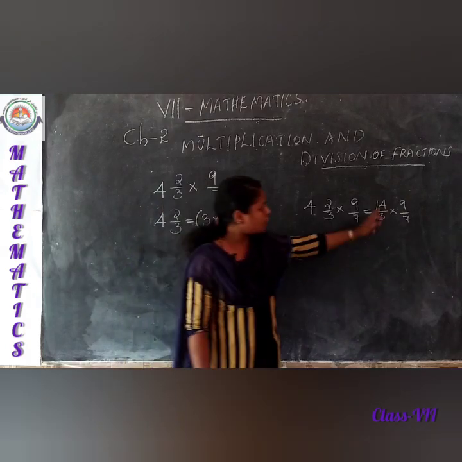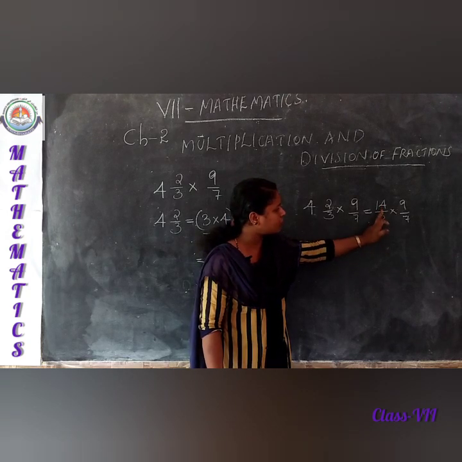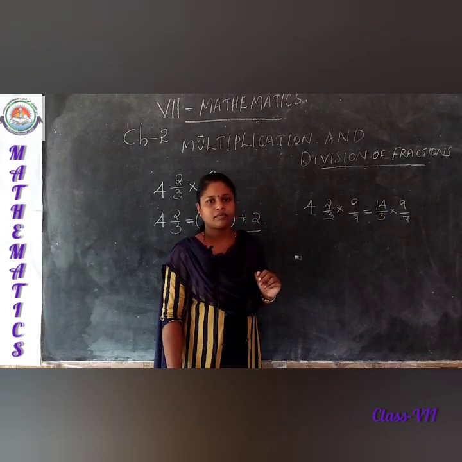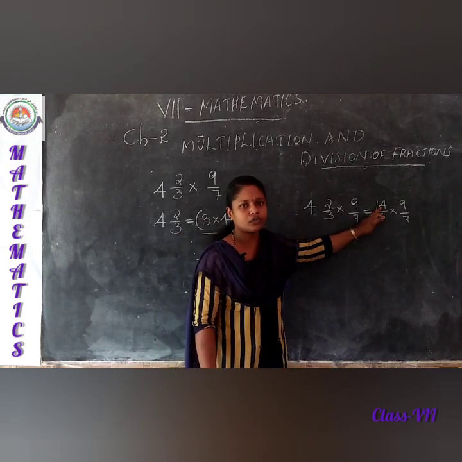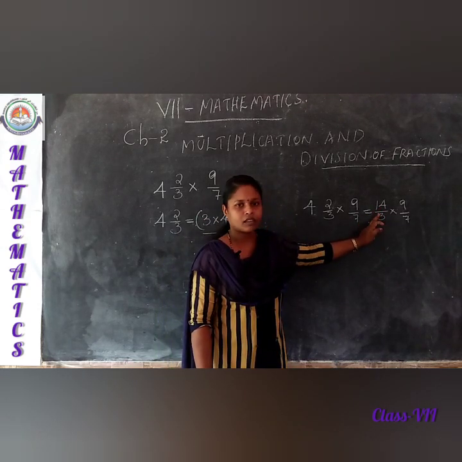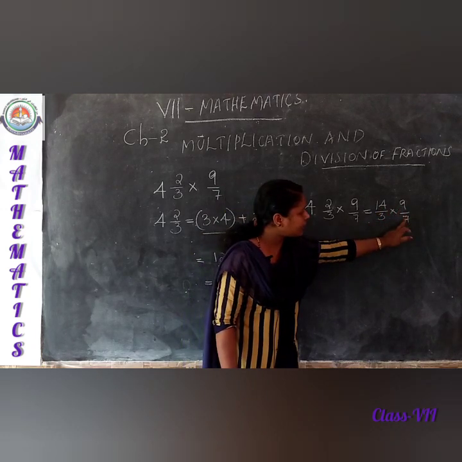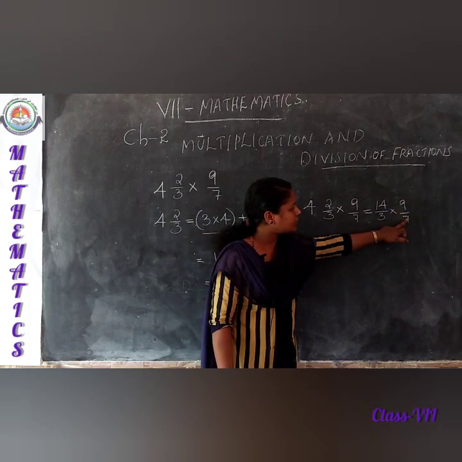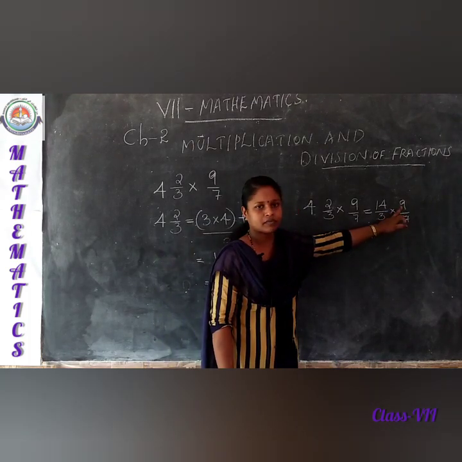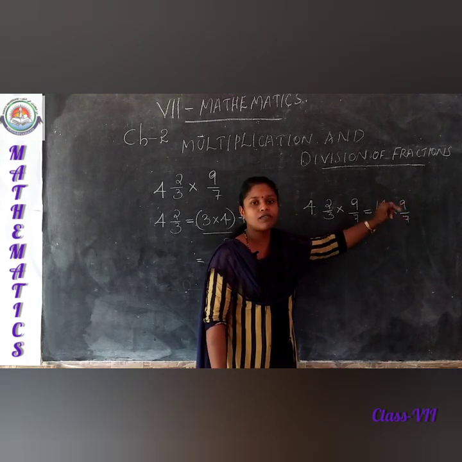Here 14 and 3. Is there any common factor in 14 and 3? 14 is not a multiple of 3, so there is no common factor. Here 9 and 7, there is also no common factor.